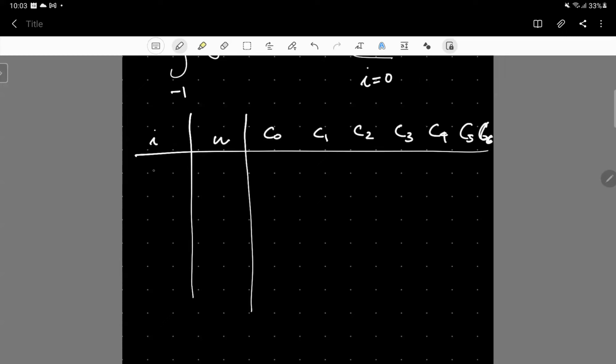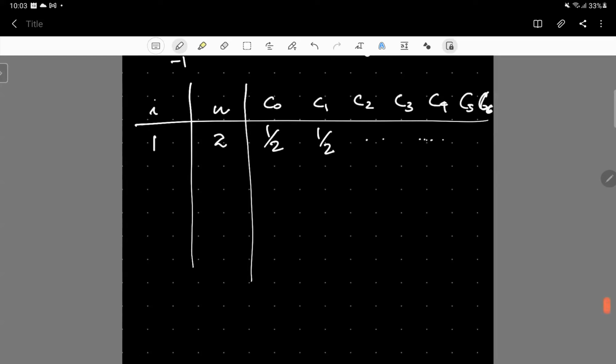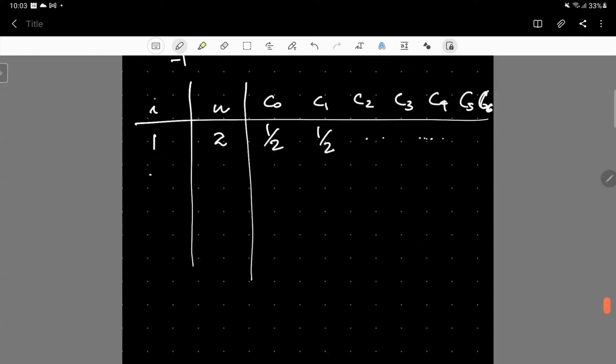If the number of intervals is 1, then the number of points is 2, and the published constants are such that all the others are 0. If the number of intervals is 2, then the number of points becomes 1 larger than the number of intervals, and the corresponding constants would be 1/6, 4/6, 1/6.